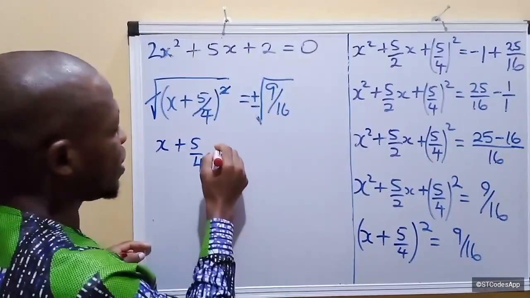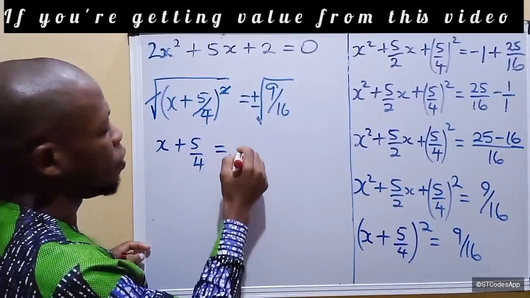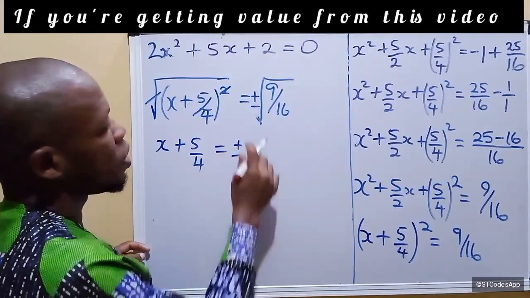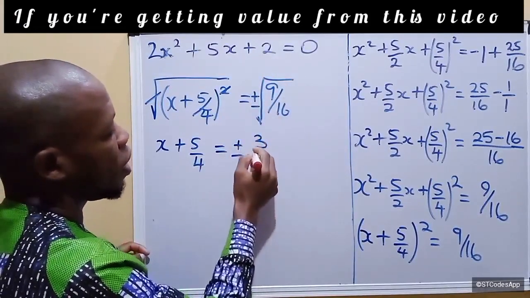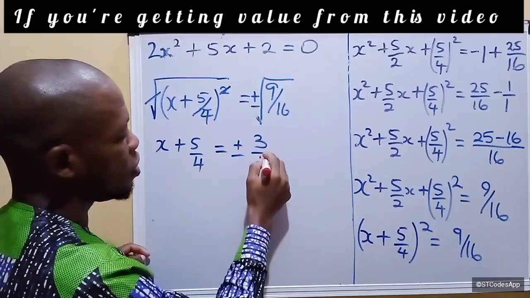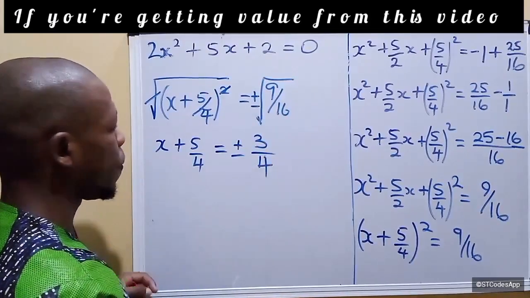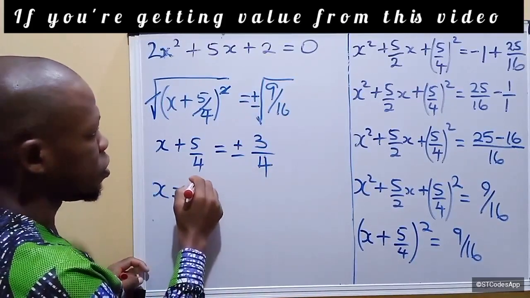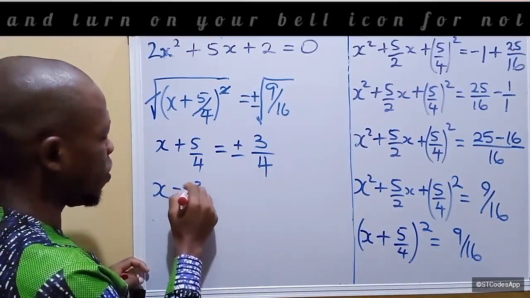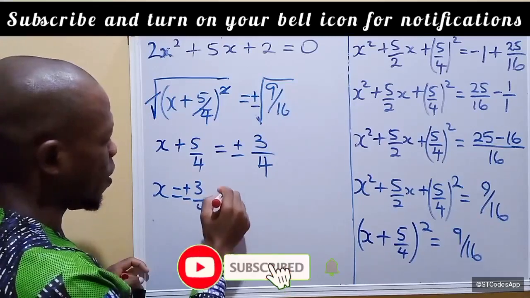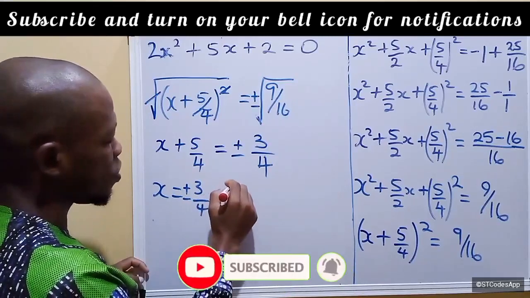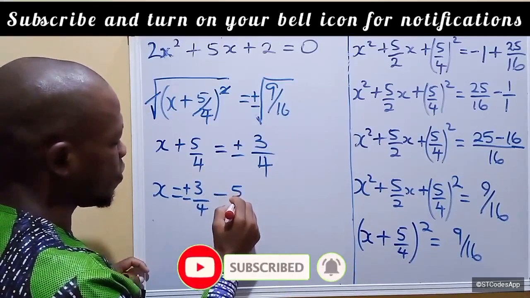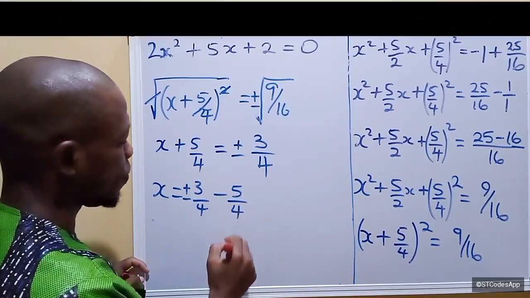Okay, now the next thing we're going to have is equal to plus or minus, the square root of 9 is 3 and the square root of 16 is 4. Okay, at this point, x equals plus or minus 3 over 4 minus 5 over 4.